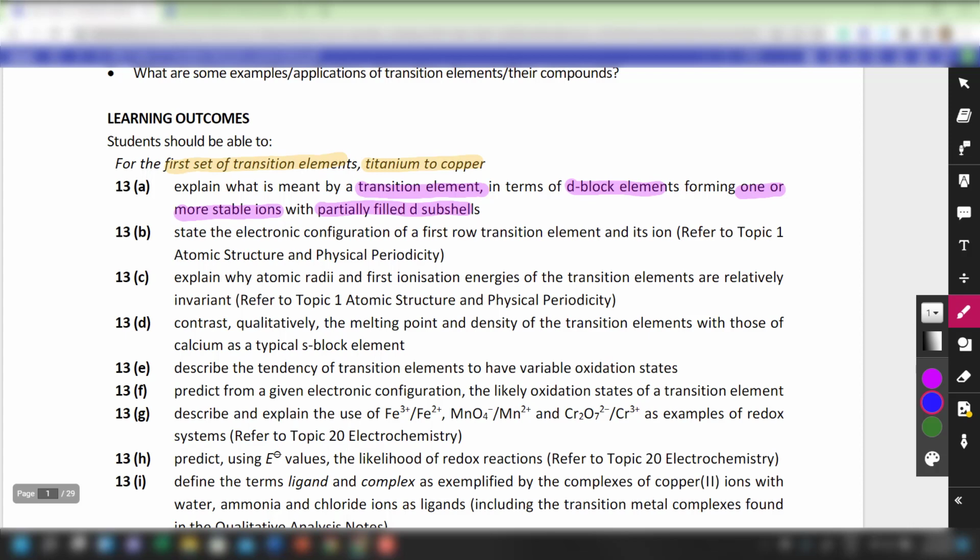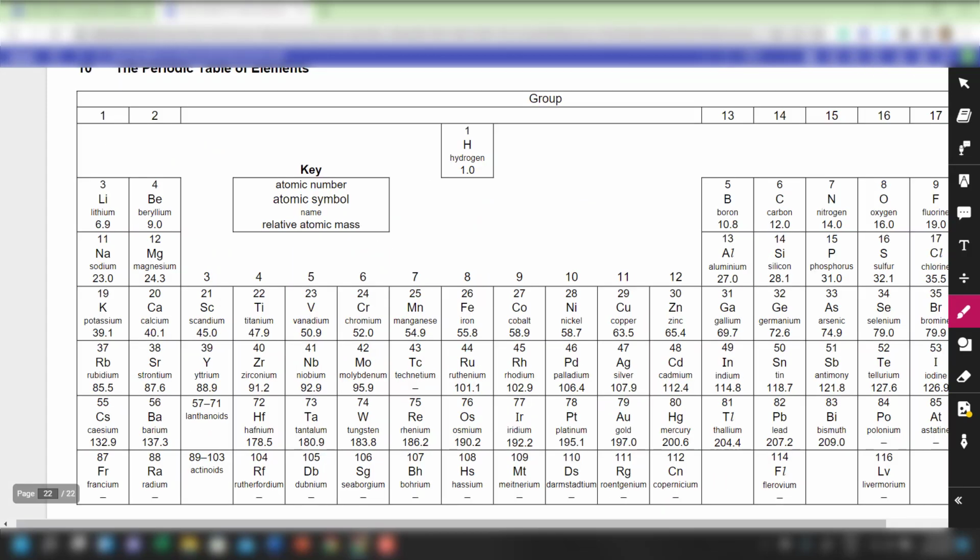From the periodic table, you know that for the first row transition elements, from scandium all the way to zinc, and if you recall from atomic structure, the electronic configuration for scandium is the argon configuration followed by 3d1 4s2. Scandium usually behaves very much like a main group element because the stable cation it forms is scandium 3+.